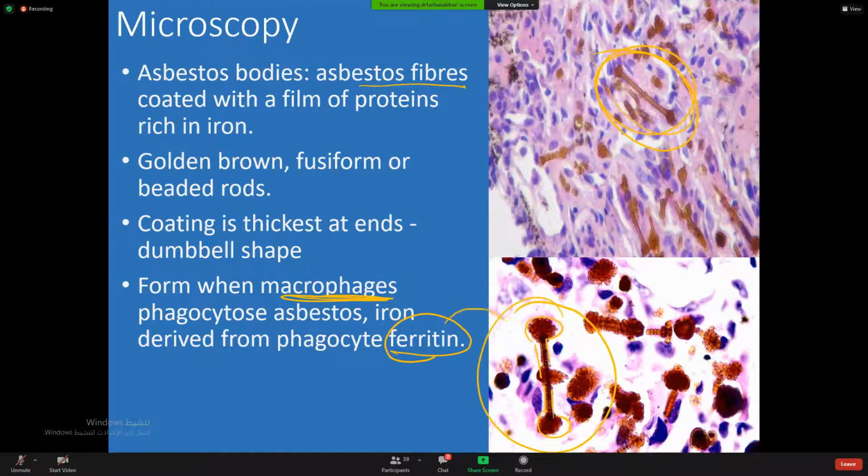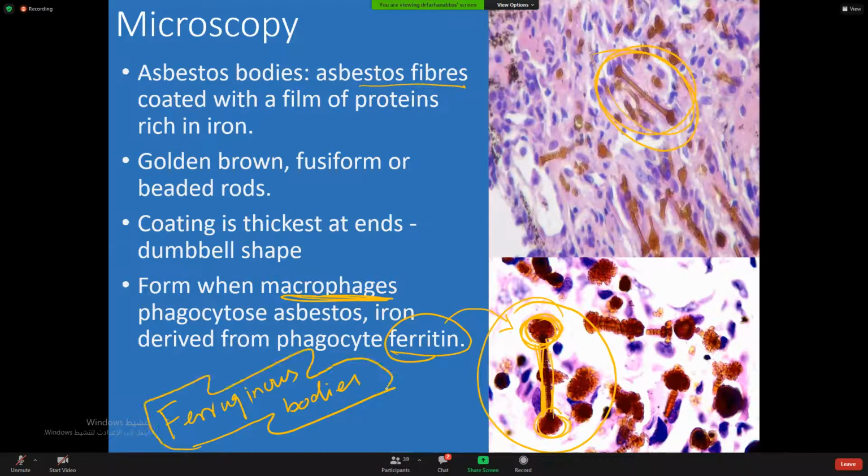This ferritin is released and deposits more on the ends as compared to the center. Okay, so this makes them golden brown in color, and sometimes we call them ferruginous bodies. Ferruginous body is basically a broad term for inorganic material being engulfed by the macrophages.